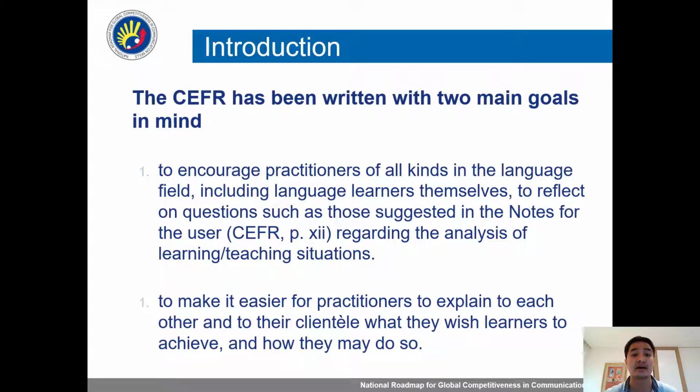So it was really built by a whole bunch of different language institutions or countries and saying let's find a way to standardize what learners can do at each level just to make the explanation a lot easier. So it's a very general framework for outcomes, and the goal was really this: to make it easier for people to explain to each other what people can do and can't do.